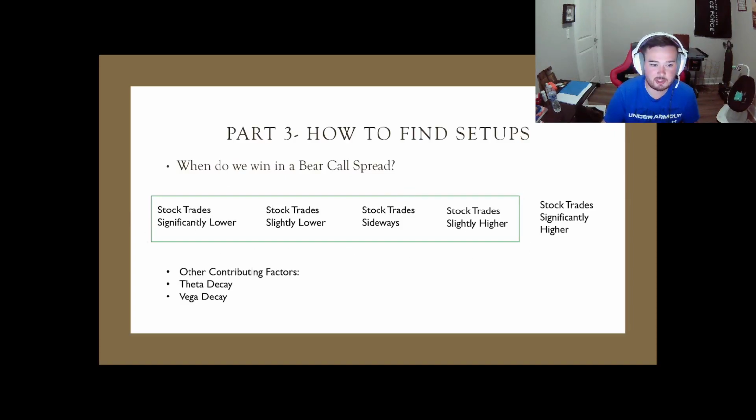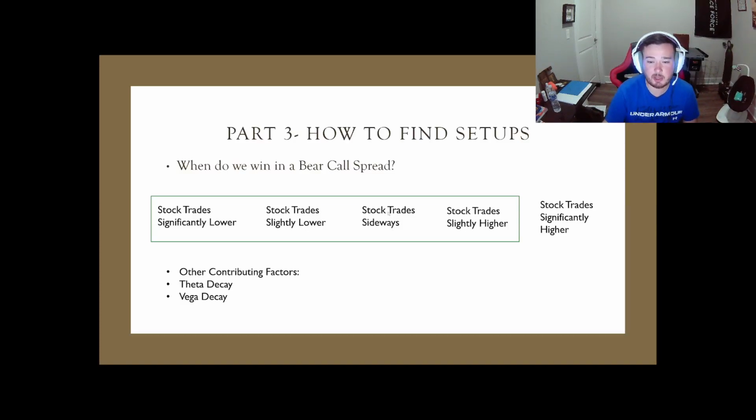So if the stock trades significantly lower, we get to close our bear call spread early before the expiration date and move on to another play. If the stock trades slightly lower, we're going to move closer and closer to expiration until we get our 50% profit and get out of the trade. We'll talk about how to manage positions later on. But just know that if the stock trades slightly lower, we are in a winning condition, and we can close the trade early.